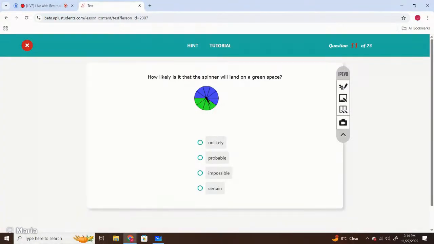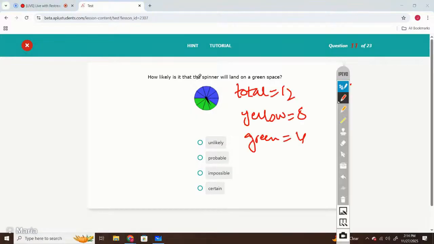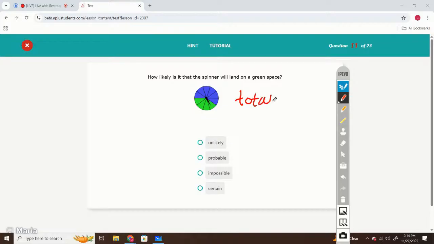How likely is it that the spinner will land on green space? You have a total of 10 portions. Six of them are blue and four of them are green.